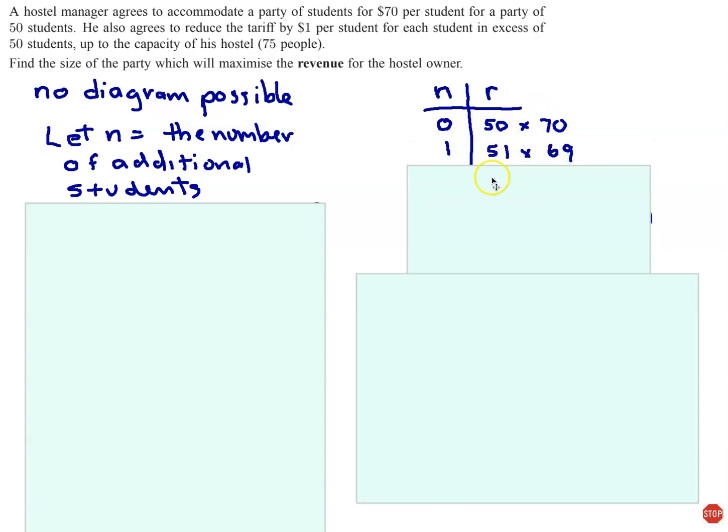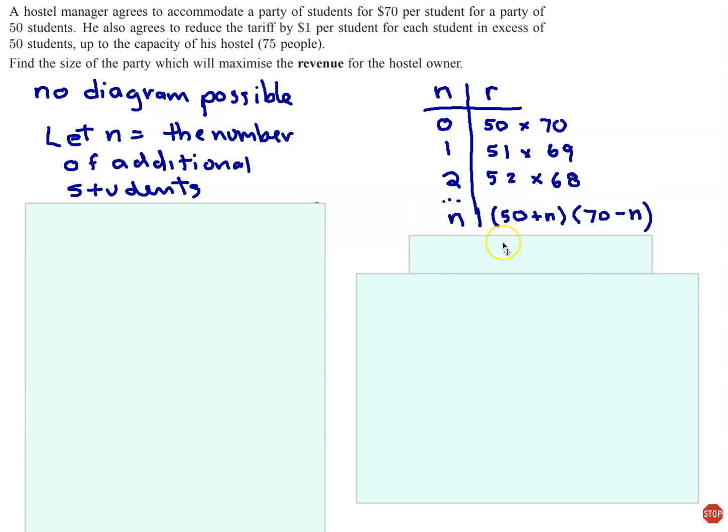If I have one additional student, that means I have 51 students, each paying $69. If I have two additional students, I have 52 students paying $68 each, and so on.